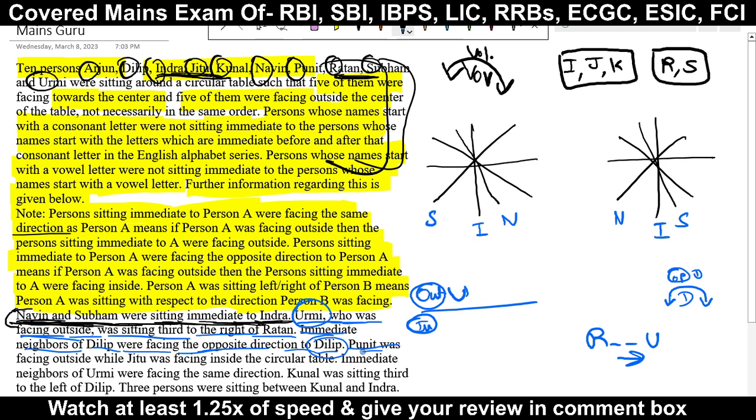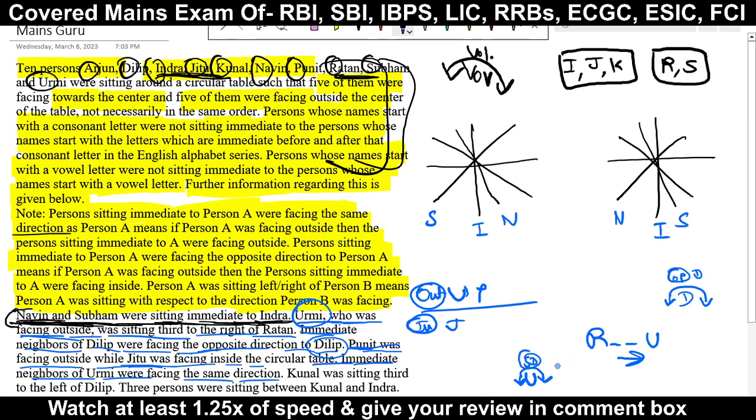And after this, Punit was facing outside while Jitu was facing inside. Punit was facing outside, so write P here, and Jitu inside. Okay. Immediate neighbors of Urmi were facing the same direction. So write U and make immediate neighbors, and write SD.